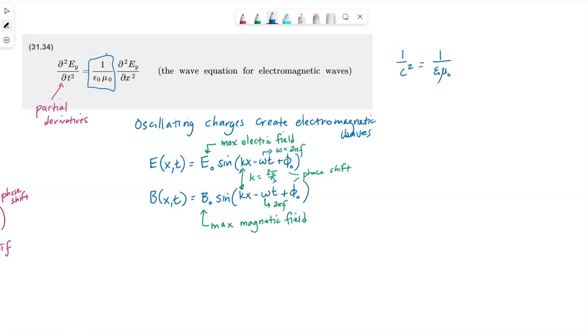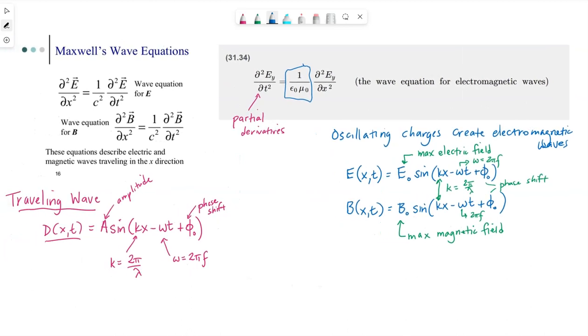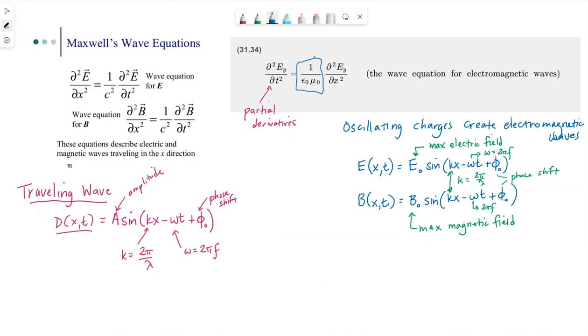So, oh, actually, this is backwards. Sorry. I'm thinking about this original equation right here. 1 over c squared would equal, okay, this is where I got confused. I wasn't paying attention to the denominators in here.